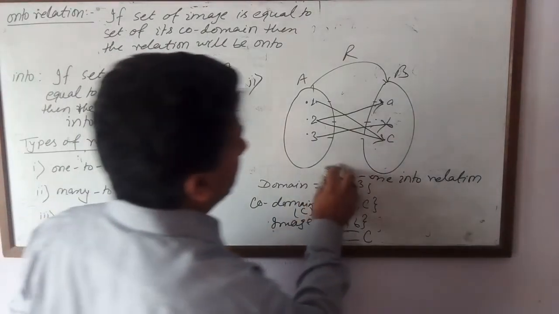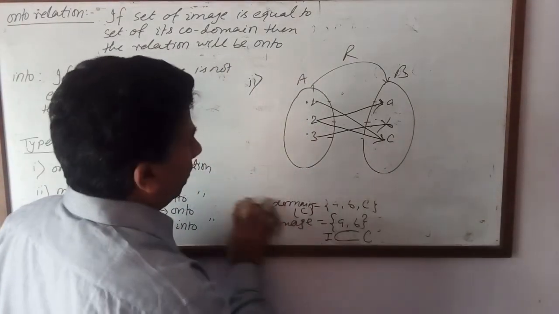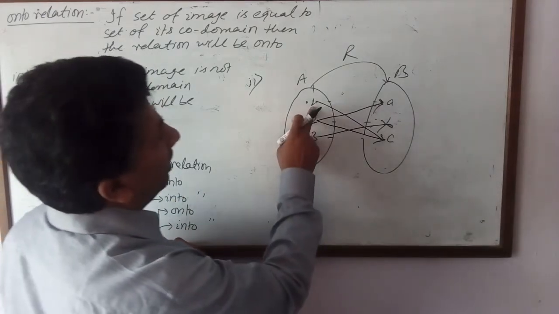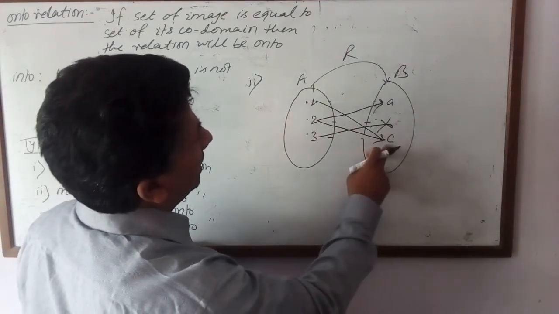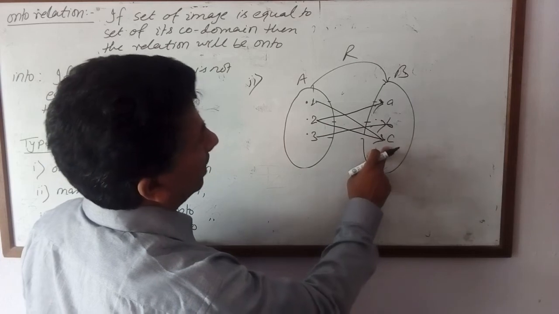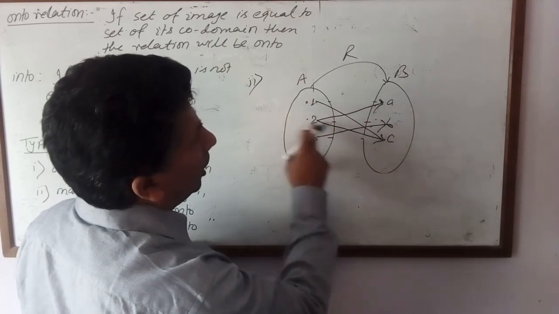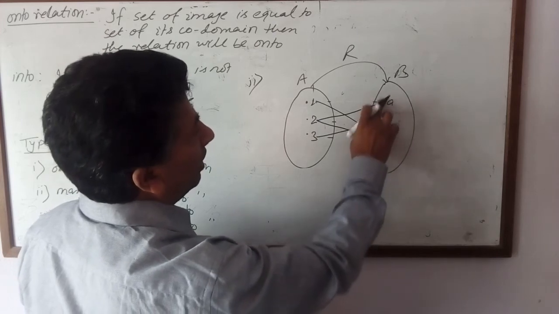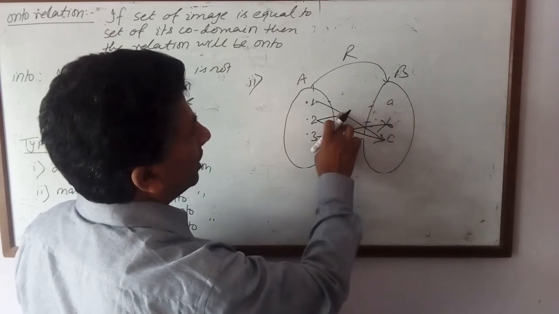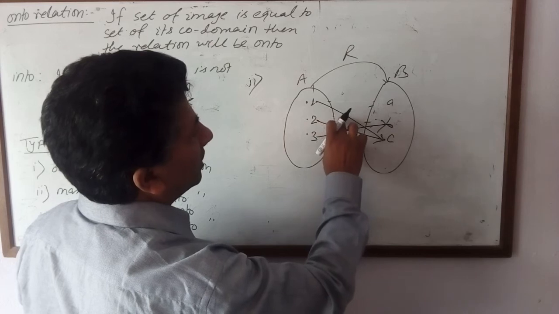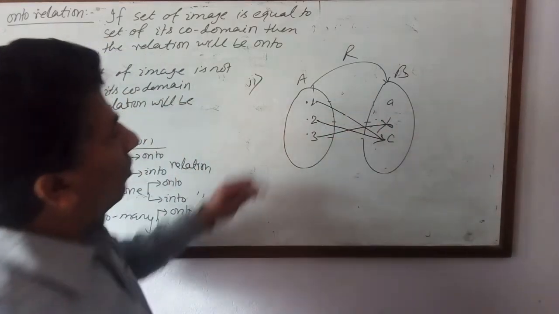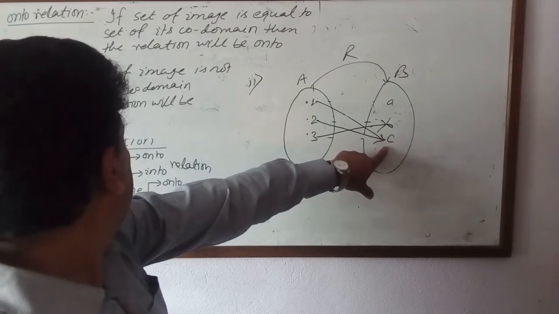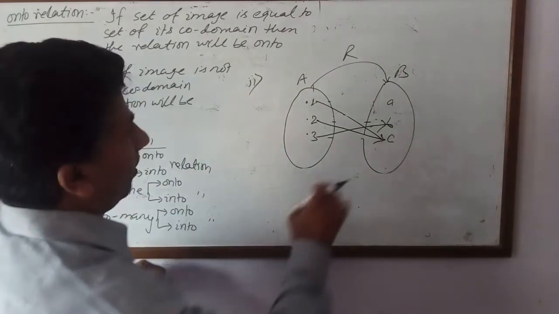Here what you have to understand, when we make 1 has image C, 2 also has image C. This is many to 1. If you remove this, now it will be 1 to many.